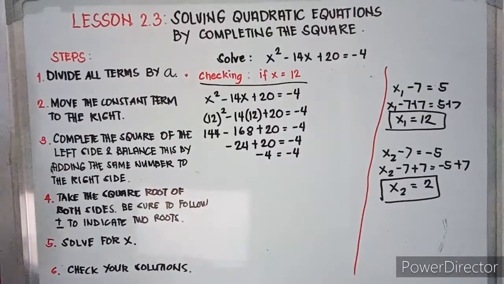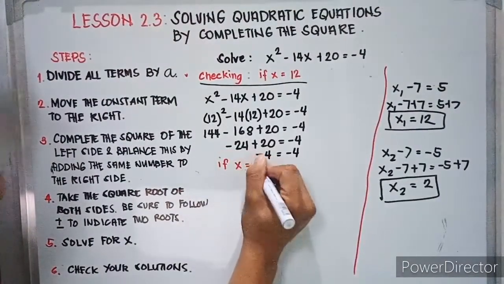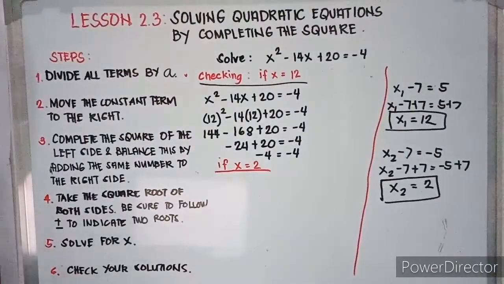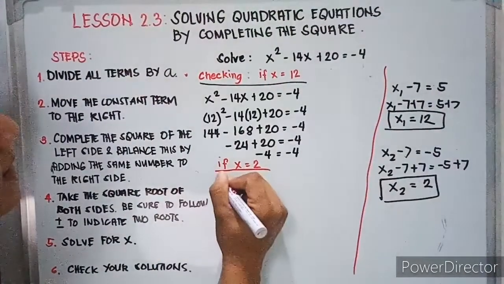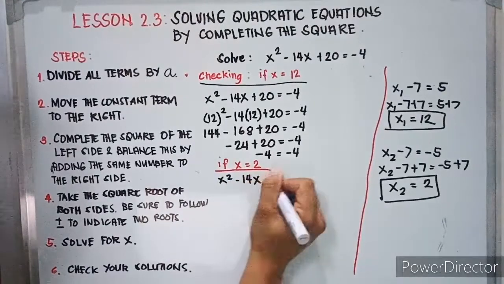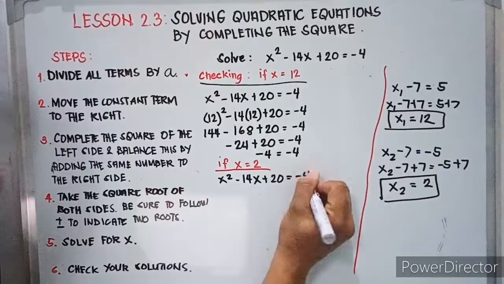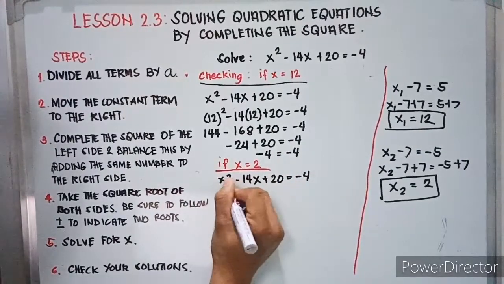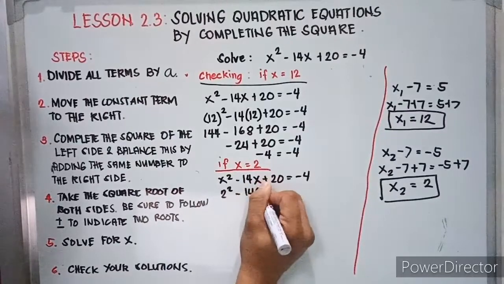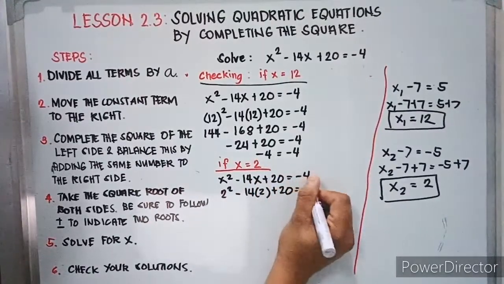So another, if x equals 2, so we will have x squared minus 14x plus 20 equals negative 4. So we have 2 squared minus 14 times 2 plus 20 equals negative 4.